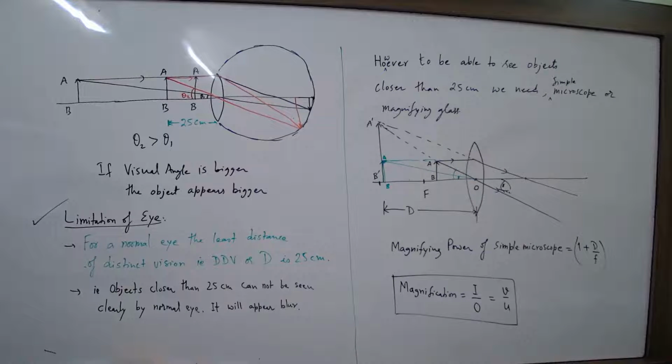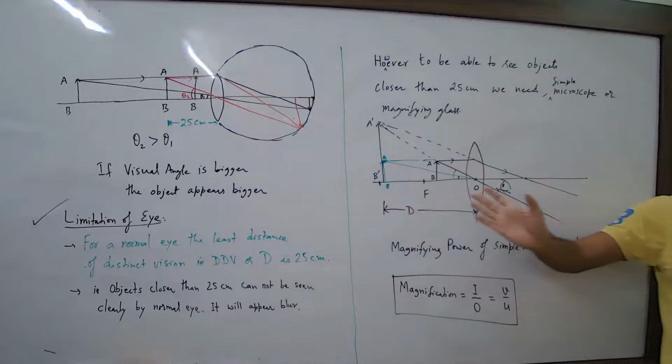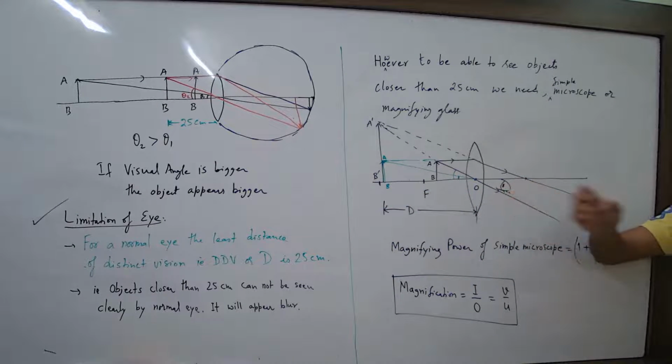So now we are doing an experiment to find the focal length of the given lens, right? We have seen that every time we see a distant object from where the parallel rays come, it gets focused at the focal point, right?